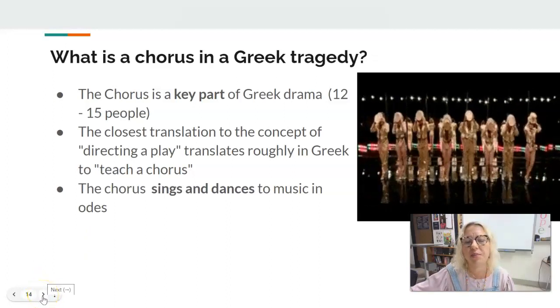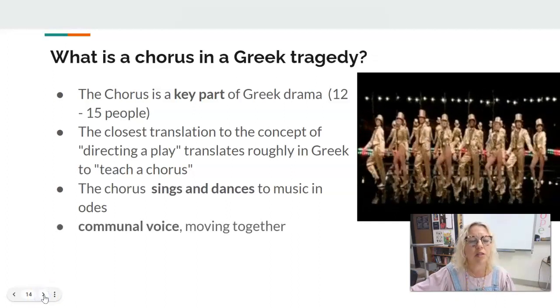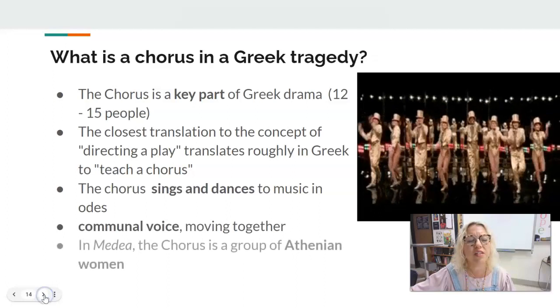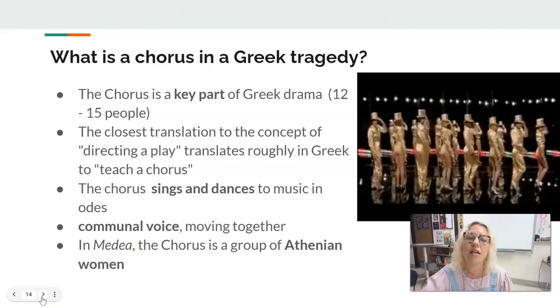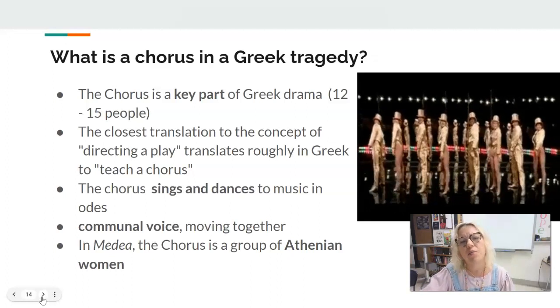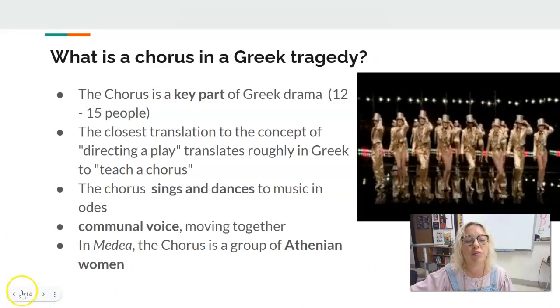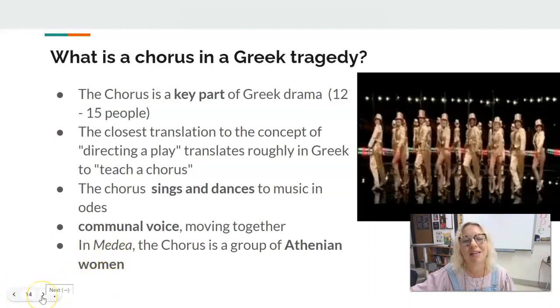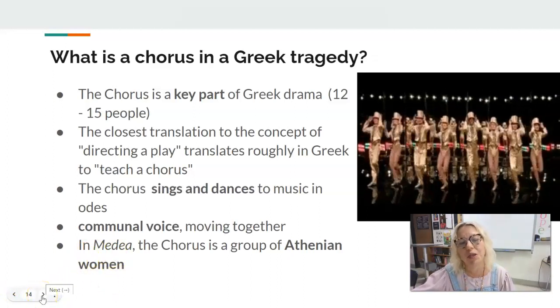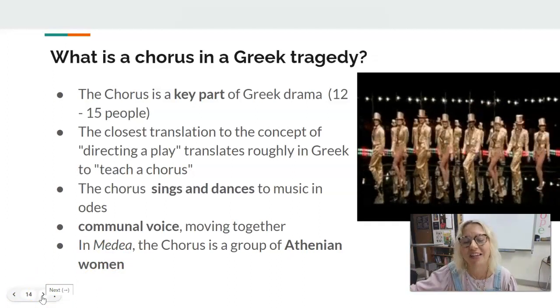Then there would have been some instruments as well in the background playing music for them. So they're a communal voice, they're moving together. And in Medea, the chorus is female. That's not always the case, but in this particular play, all of the chorus members are Athenian women. Now, like I just told you, they're being played by male actors with masks on, but they're supposed to be women.